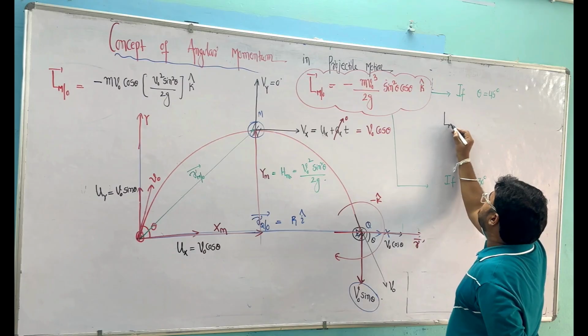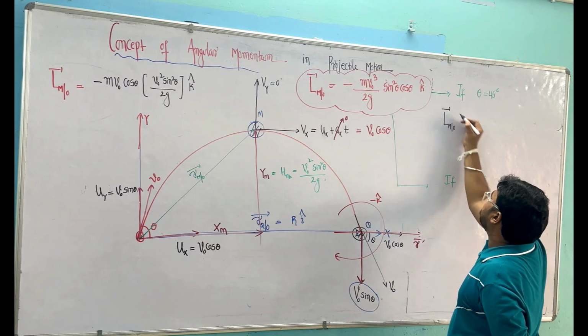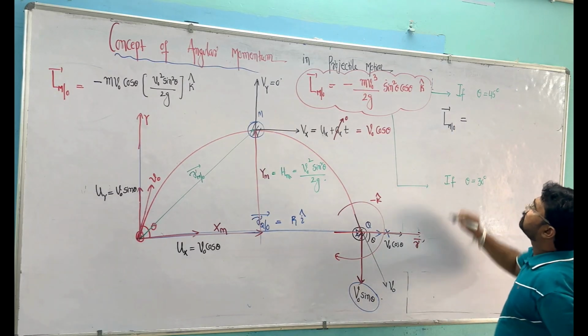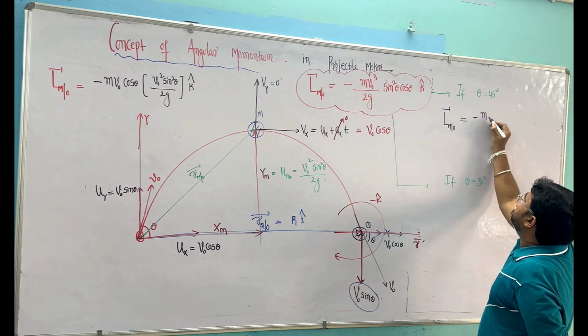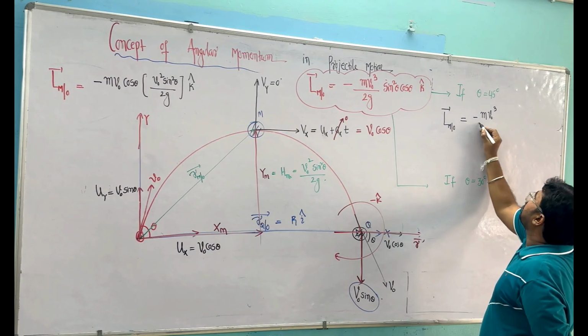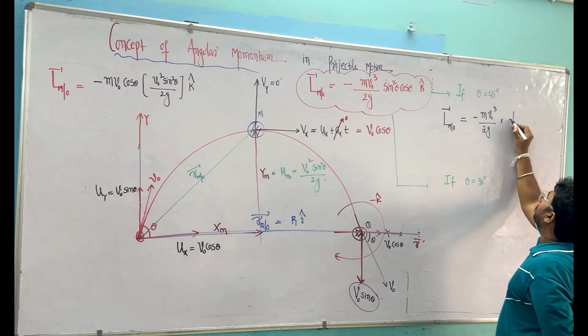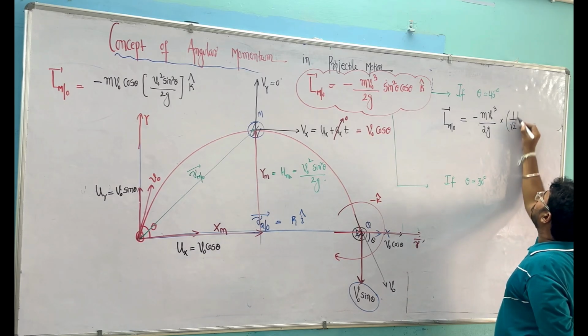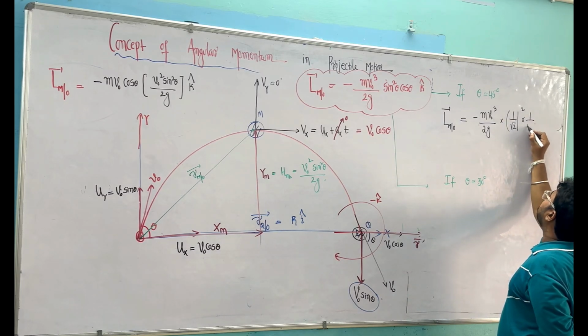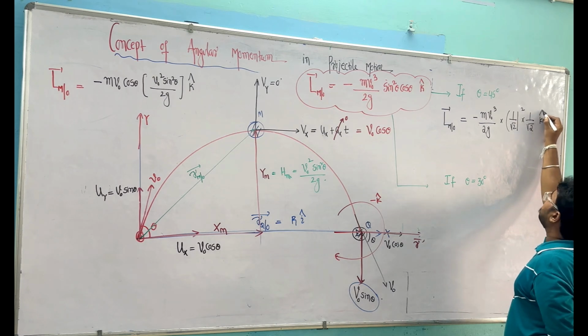Position of M about point O equals minus M V naught cube by 2g, into 1 by root 2 whole square into 1 by root 2, K cap.